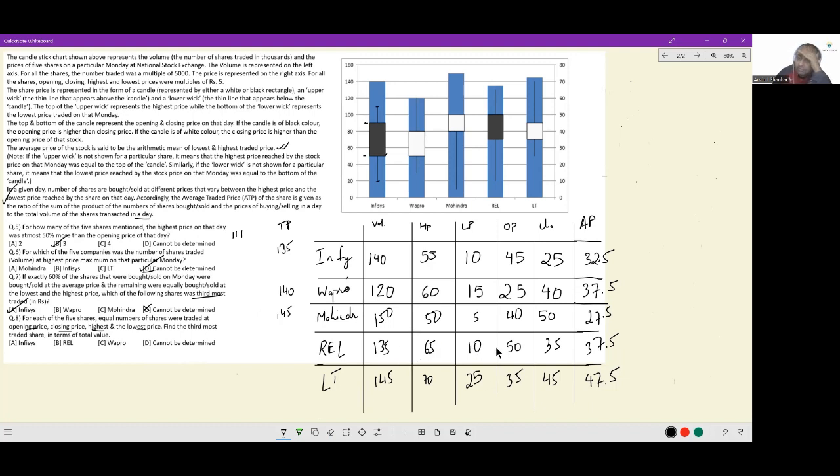Then for Reliance, 75 plus 85, 160. And then 95 plus 80. So 175. Now these are the average price at which transactions have taken place.